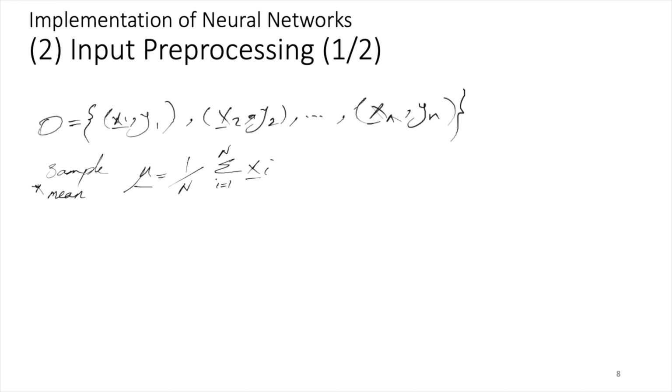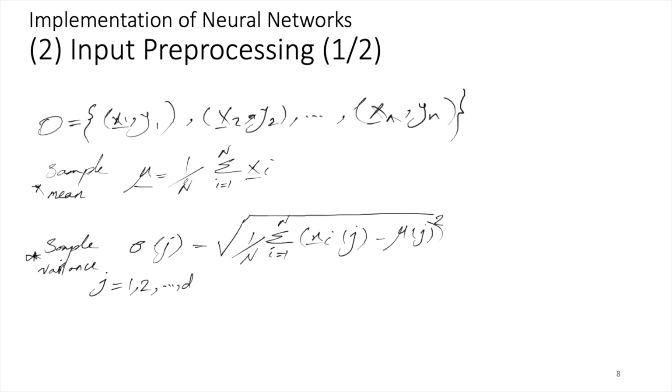When you have this data set, you can compute your mean, which is the arithmetic mean, the vector of mu. Pretty straightforward, right? The summation of all divided by the number. And you can also compute the variance, the small sigma, for all the j's from 1 to d.